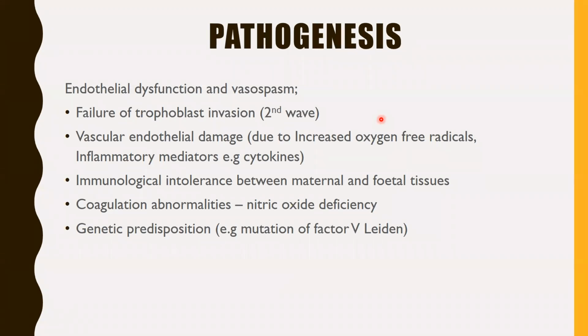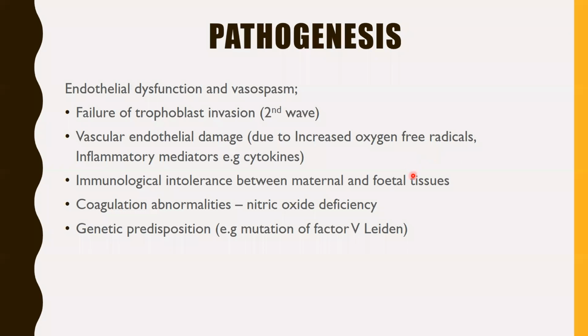And because the vessels are already fibrous and already narrow, it causes the disease to progress. And then you realize that when there's endovascular damage, there are inflammatory mediators that are released, such as cytokines. And these cytokines can be maybe tumor necrosis factor and also interleukin-2. And these mediators cause further damage to the endothelial layer of the vessels.